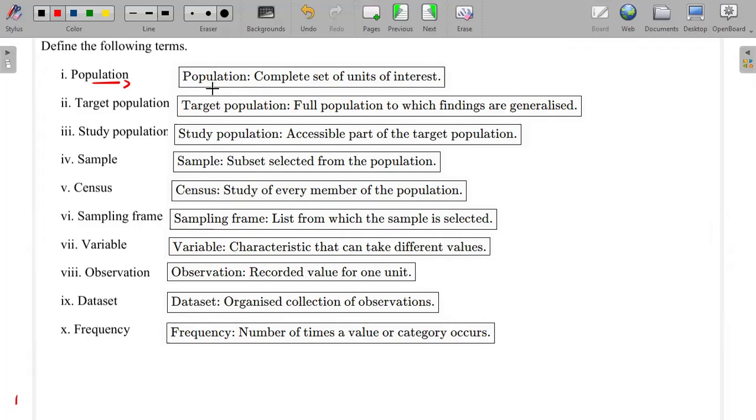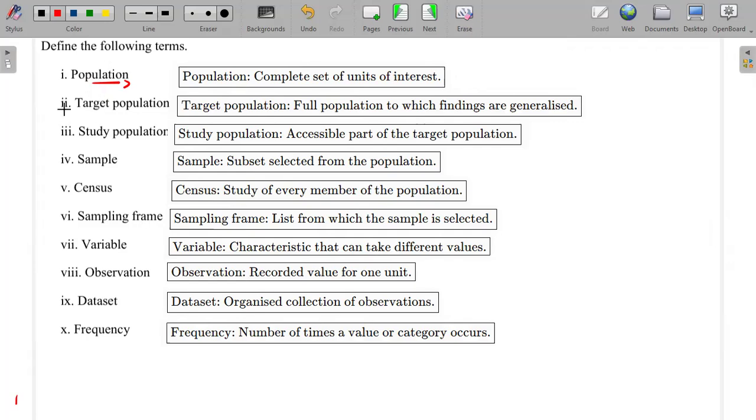In a shorter way, I wrote here that the population is a complete set of units that you're interested in, or about which you are going to obtain your information. An example of a population can be all pregnant women attending public clinics in Lusaka province during the year 2026. So that will be a population.